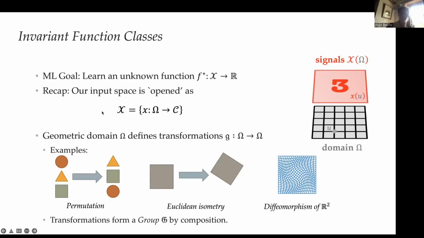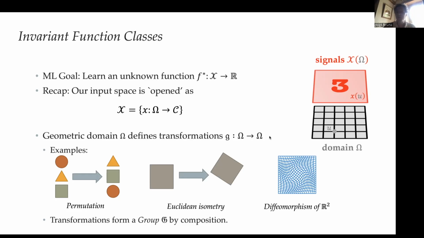And so once we have this low dimensional structure, or more generally a domain and a mathematical object that is much simpler, we can do many things with it. These geometric domains come with a natural class of transformations. The objects in omega can be manipulated in very simple ways. For example, if I have a collection of elements in a set, a very natural transformation is to permute the elements.